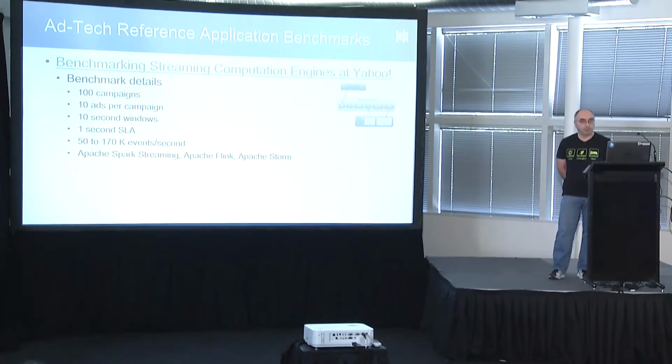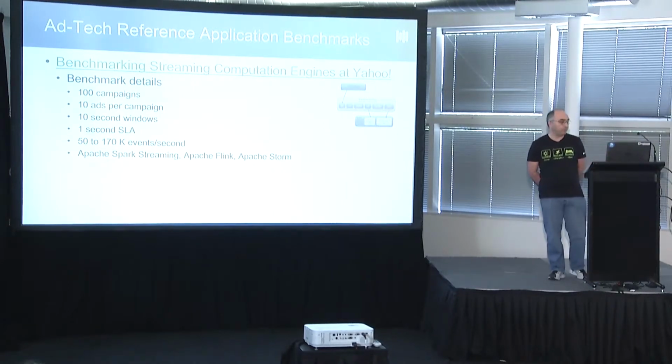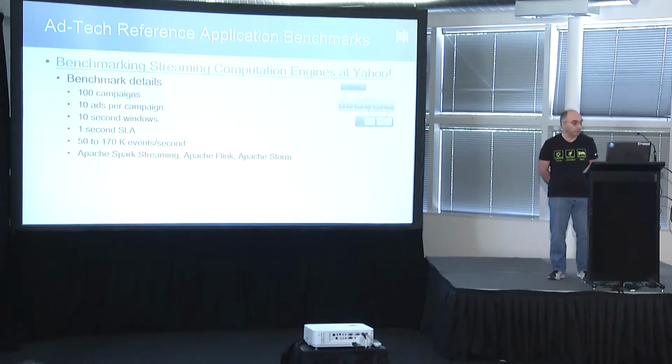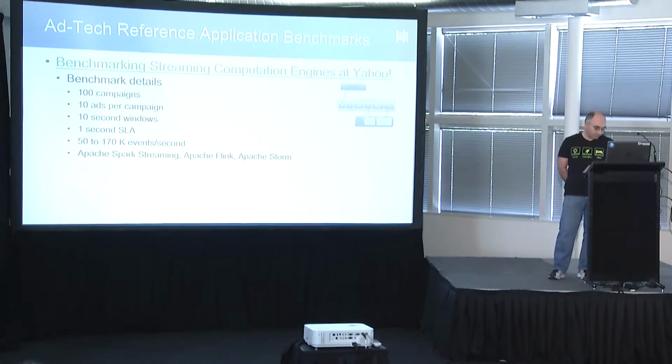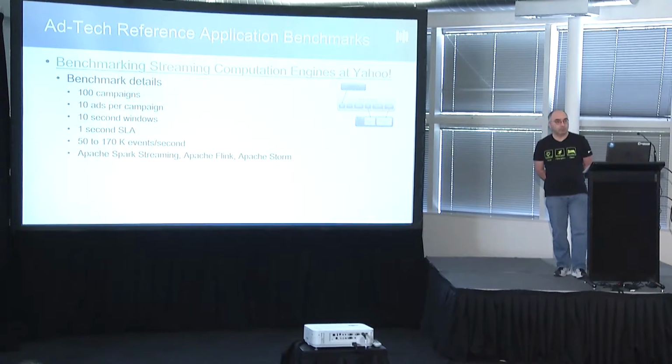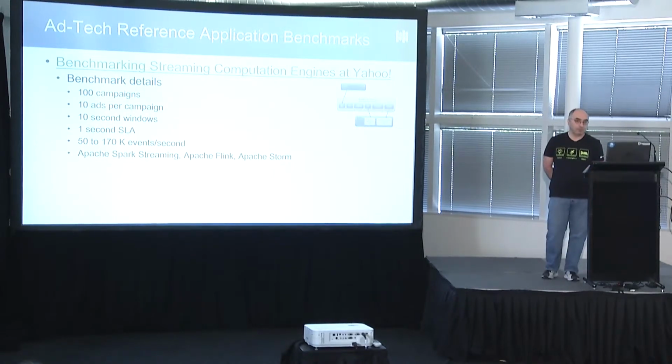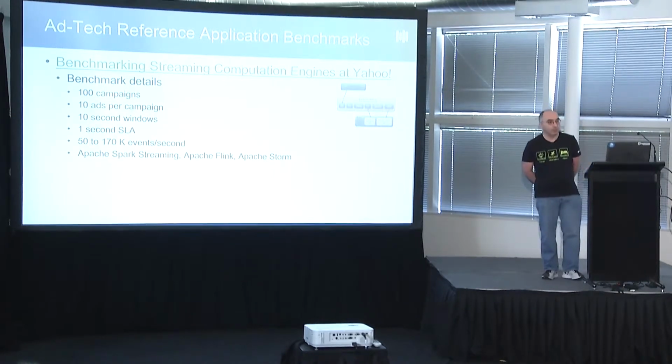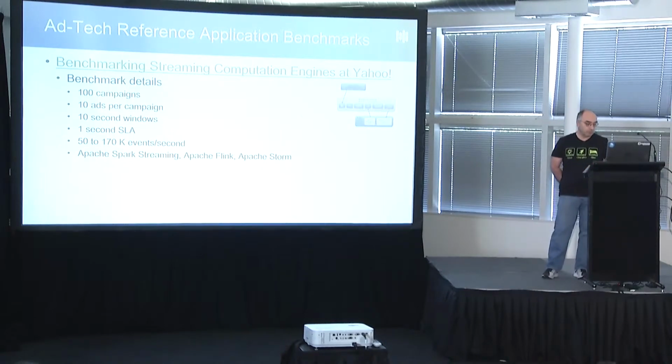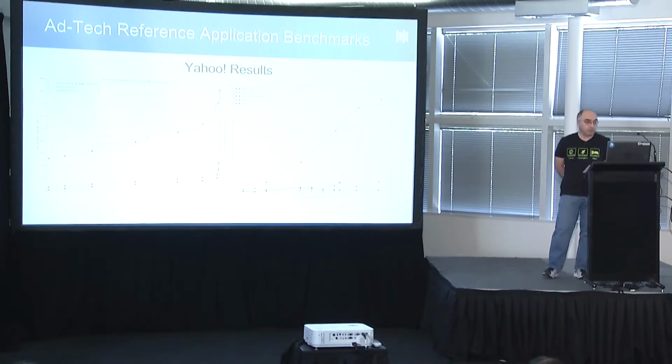They basically run it between 50,000 to a maximum load of 170,000 events per second, whereas in the previous example we saw that in general Apex can handle millions of events. So this is the result.